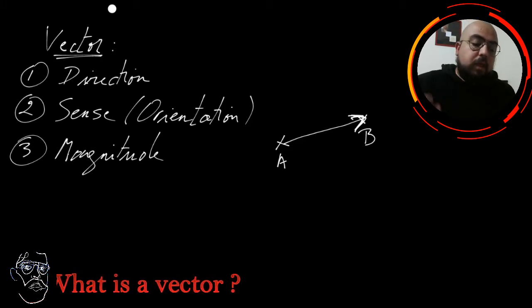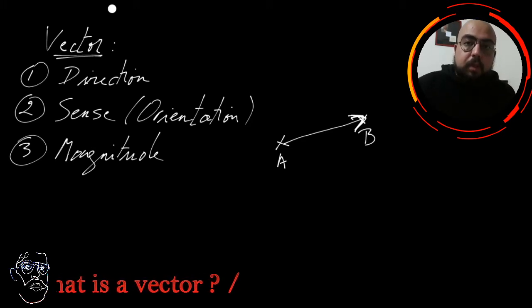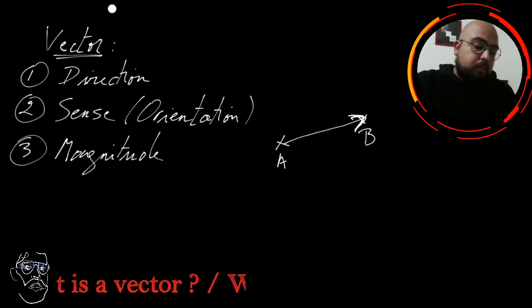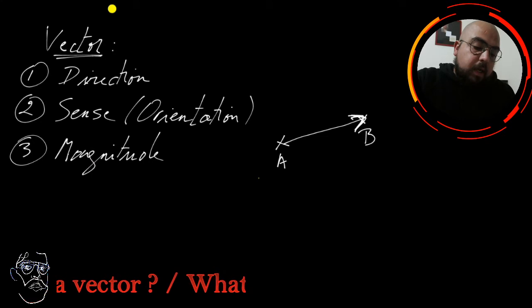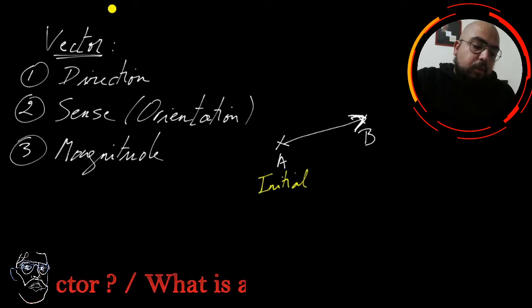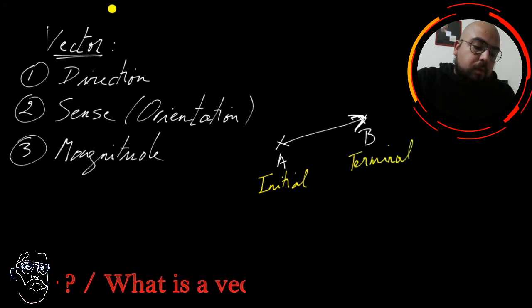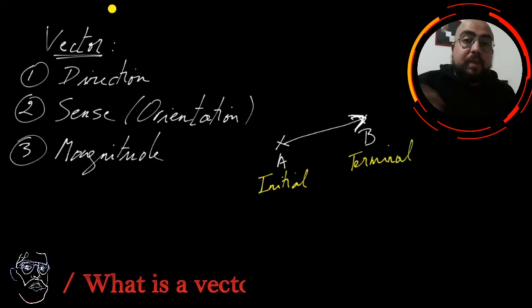It means that the initial point is A and the terminal point is B. So since we're defining the vector, A is the initial point, as for B it's the terminal point. So this is how you represent your vector.